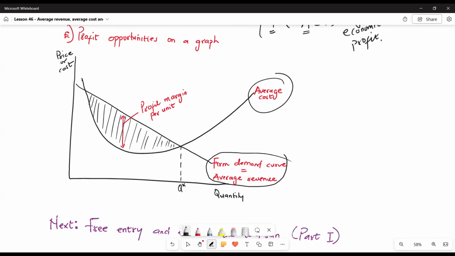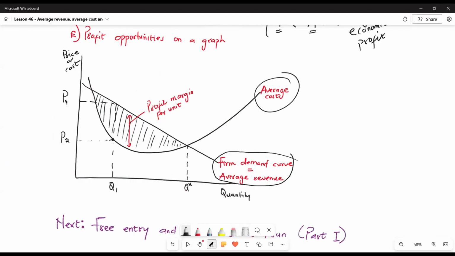Now, what do we mean by this? For instance, if we are at this point, Q1, and we look at the demand curve, we can say that the price that the firm is charging is P1. But at the same time, the cost of per unit production is P2. So this means that this area here is the per unit profit that the firm gets from producing Q1.